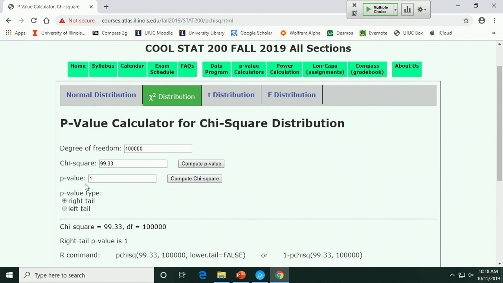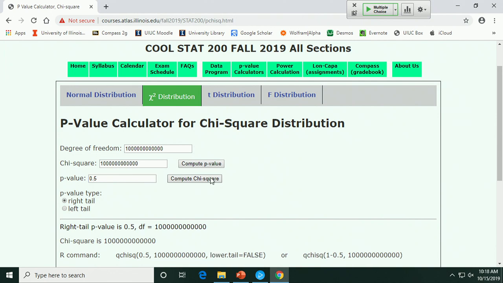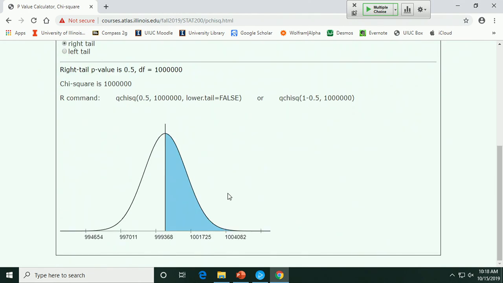Compute the chi-square. See, it's centered at its degrees of freedom, whereas the F is standardized, so it's centered at 1, but they're the same curve once you have lots of degrees of freedom.